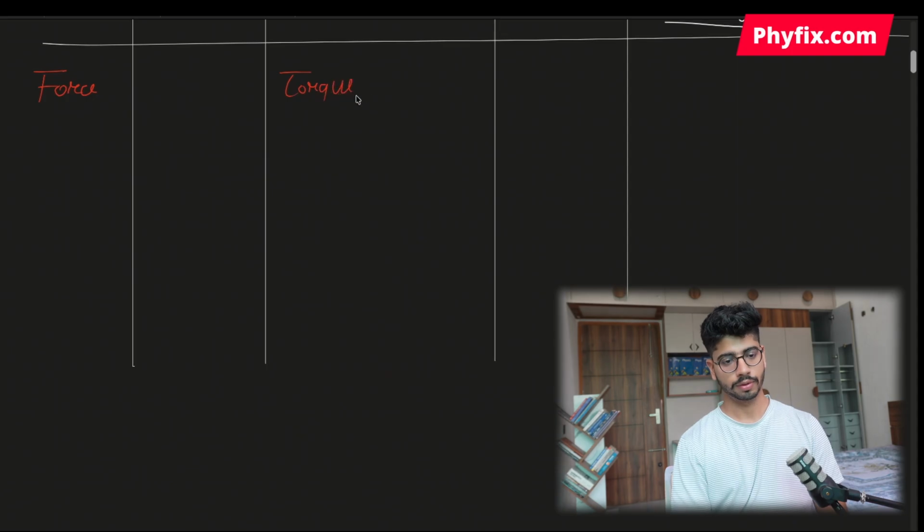The next linear variable that we are going to discuss is force. In rotational dynamics, we have the torque. The symbol tau is what we use for this.